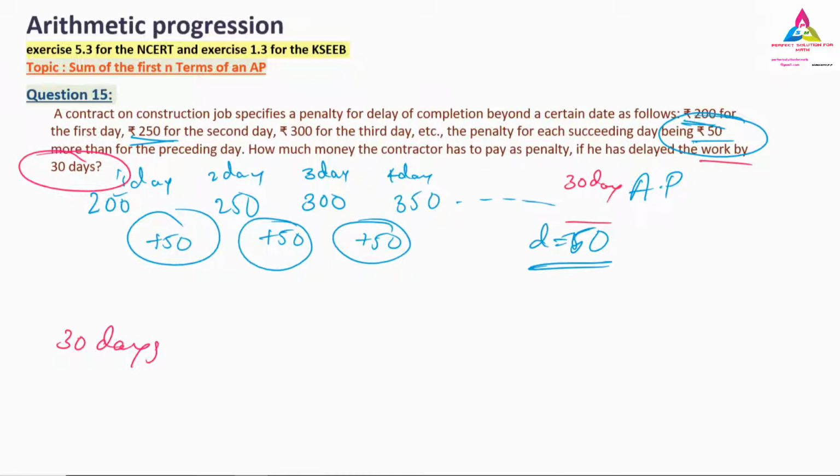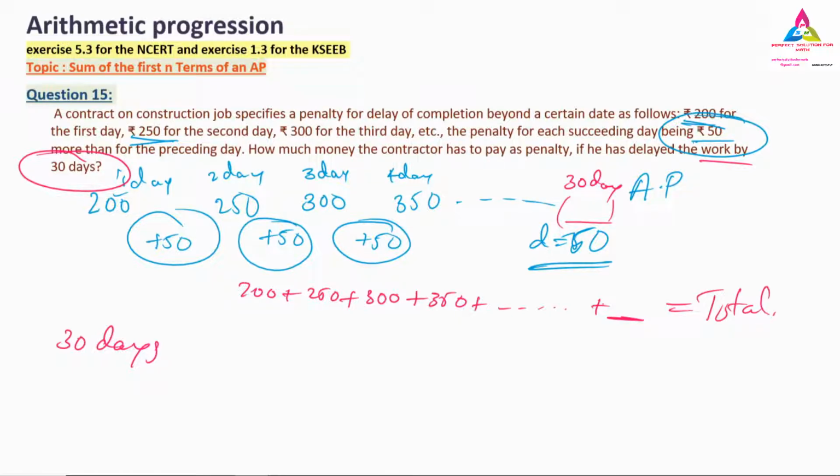They have told us to find the total money. Total means 200 plus 250 plus 300 plus 350 plus so on, and the last 30th day value also we have to add. We don't know that, we will have to find it. So we add all these things, then we get the total money.